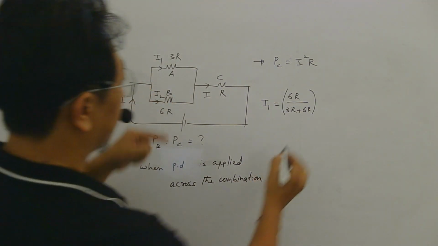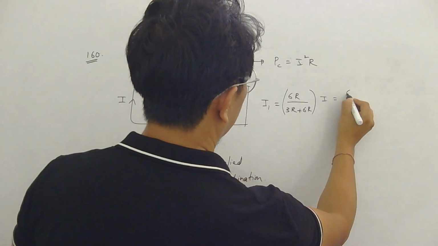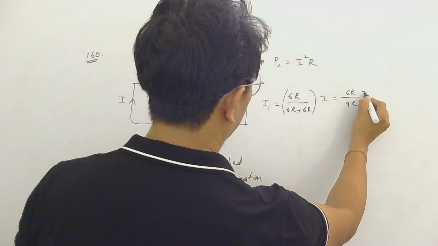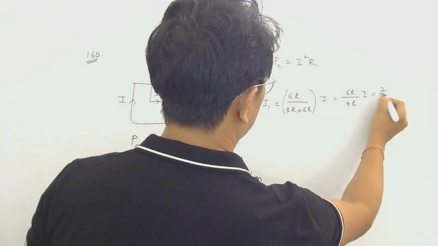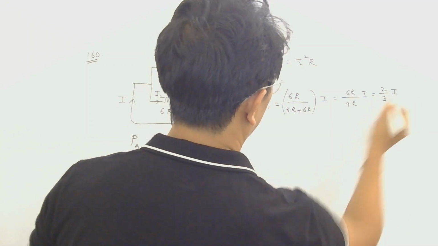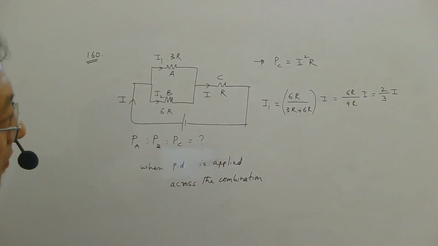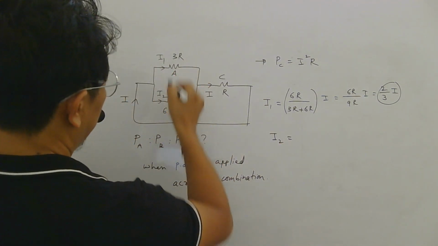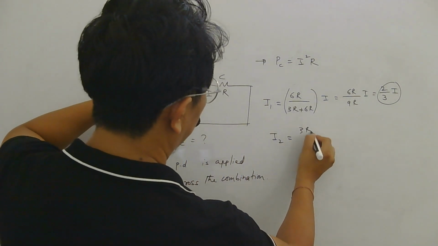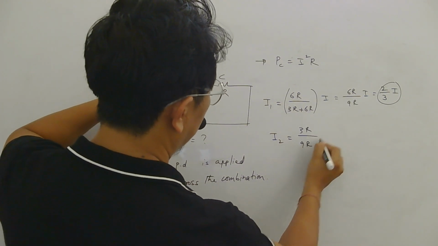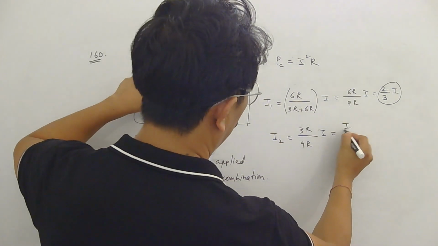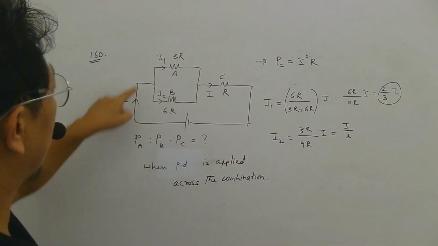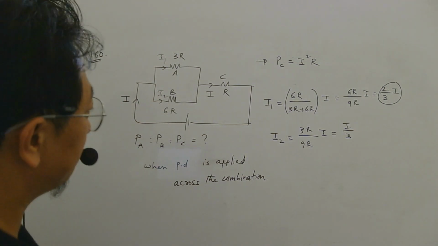Main current is I. So this will be 6R by 9R into I. R will cancel. Now to find this current I2, I can again use branch rule. Opposite resistance divided by sum of resistance into main current, that is I by 3. Or you could have told I2 is I minus I1, Kirchhoff's current law.